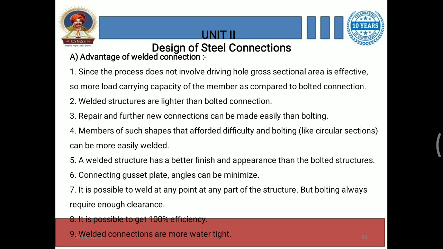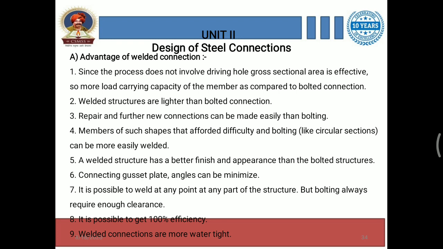You can write that difference by pointing out different points from these advantages and disadvantages.